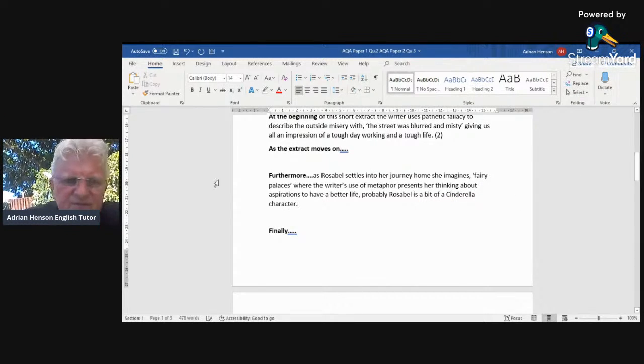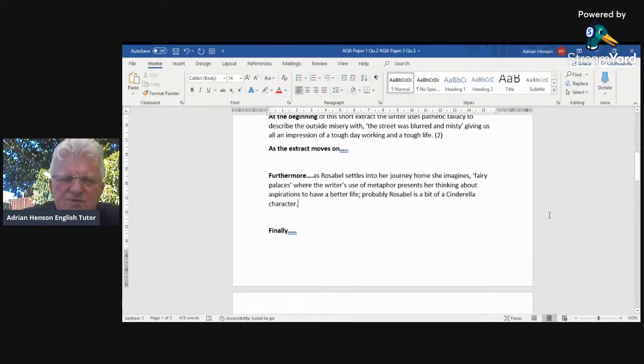Again, look at the length of what I've said: as Rosabelle settles into her journey home, she imagines fairy palaces, where the writer's use of metaphor presents her thinking about aspirations to have a better life. Probably Rosabelle, I put a semicolon, and then probably Rosabelle is a bit of a Cinderella character.